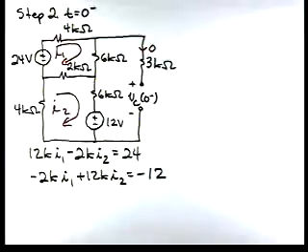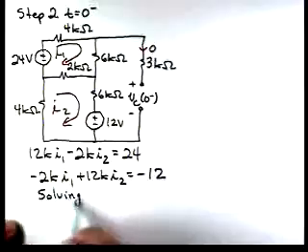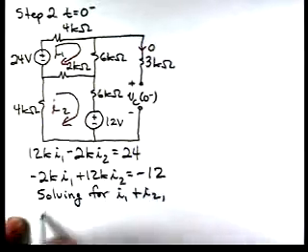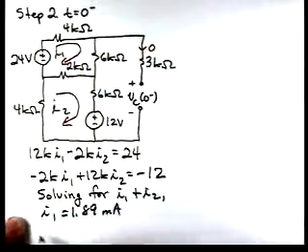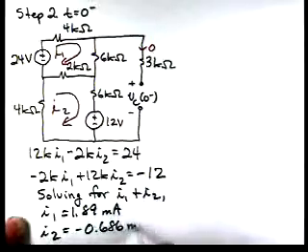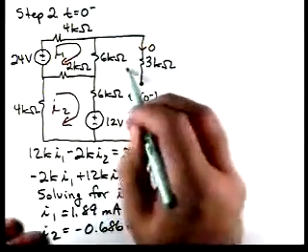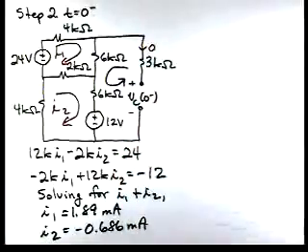Now if we solve for I1 and I2, we get I1 is 1.89 milliamps and I2 is minus 0.686 milliamps. Now we want to calculate the voltage VC0 minus. We need to do KVL around this loop.